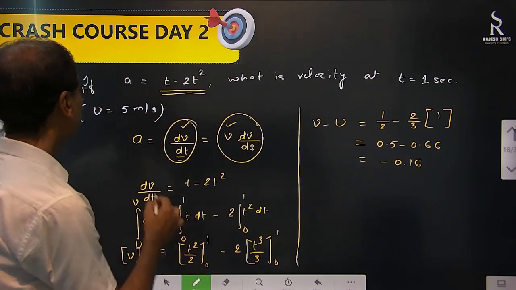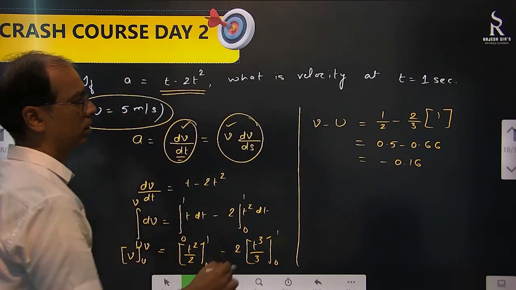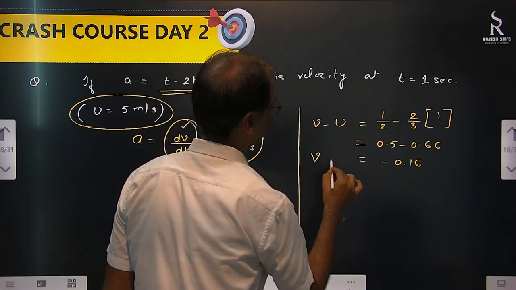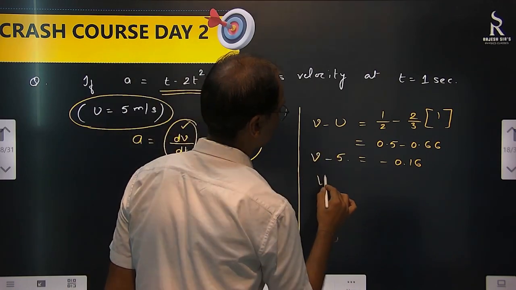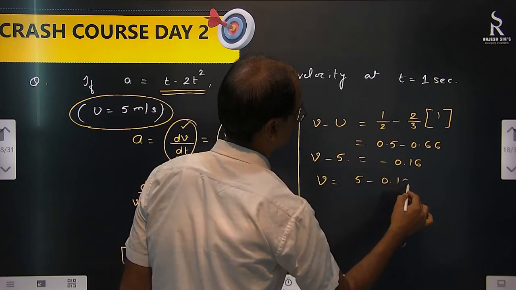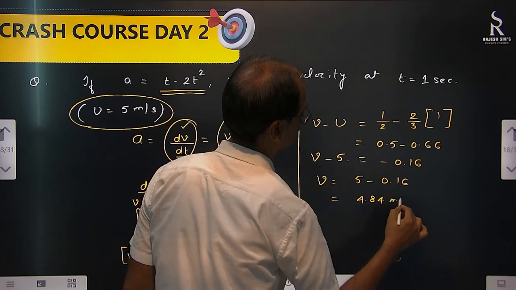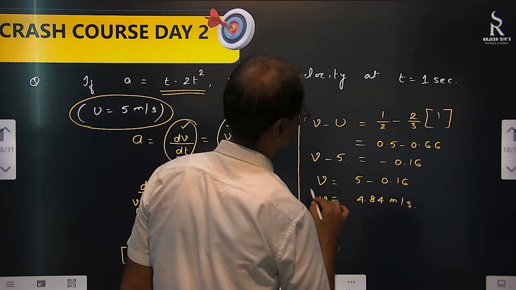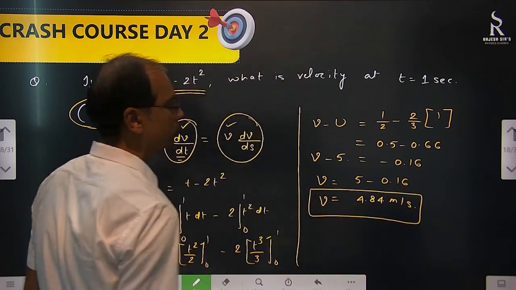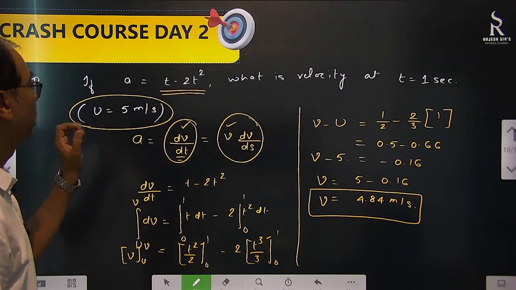What is u? The u value is given to you. Put it. v minus 5. So what is v? 5 minus 0.16. It will be 4.84 meter per second. Here you see that the u value is given already, and he is asking v.